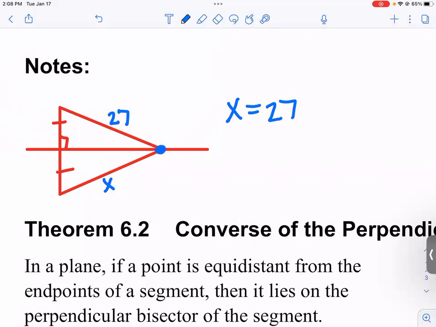Okay, this point right here is on the perpendicular bisector, so it's equidistant from the endpoints. Let's call it.